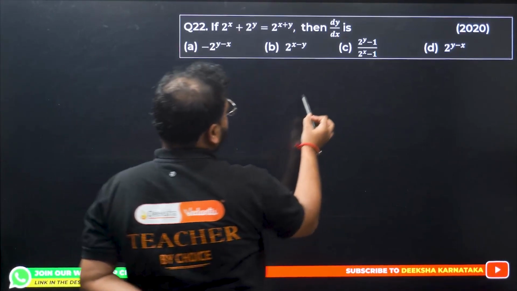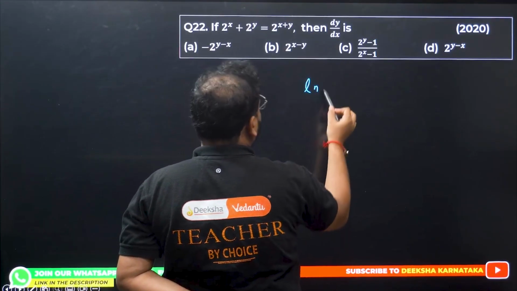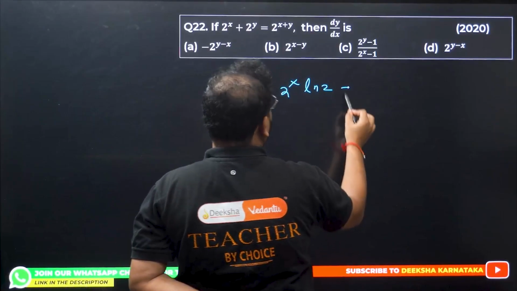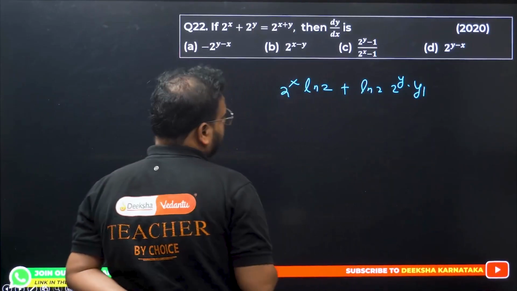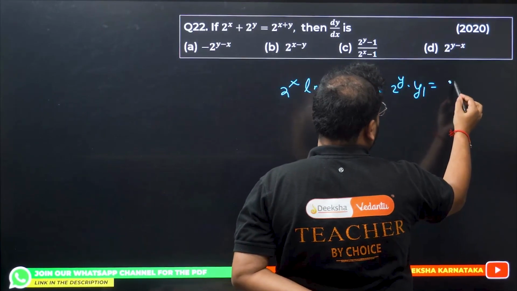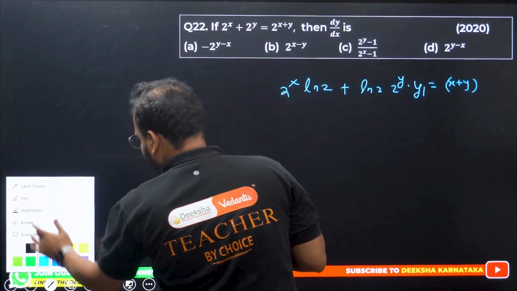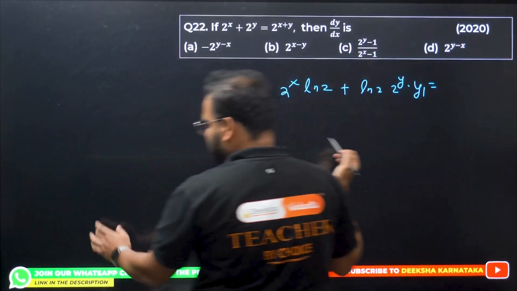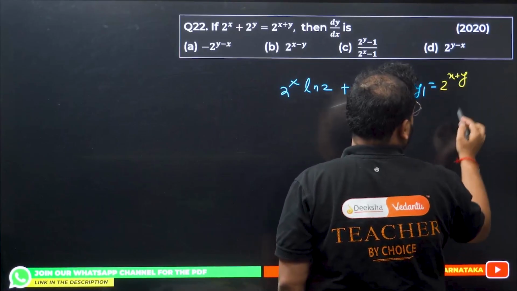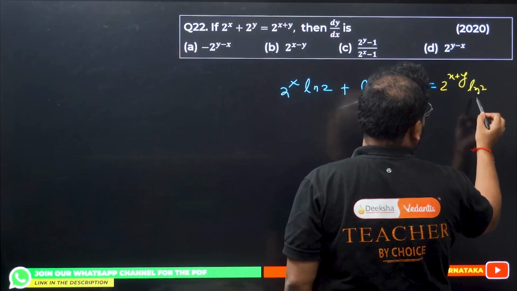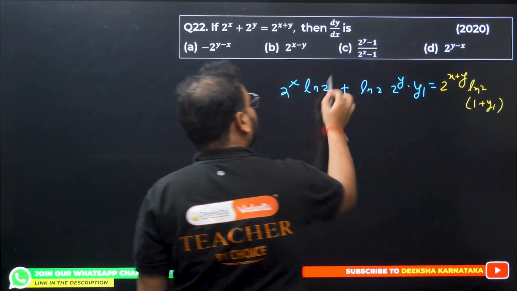How do you solve this, sir? Differentiate on both sides. ln 2 times 2 power x plus ln 2 times 2 power y times y1, and over here, sorry, 1 second, my mistake, 2 power x plus y times ln 2, and of course derivative of this will also be there, so 1 plus y1. ln 2 is cancelled.